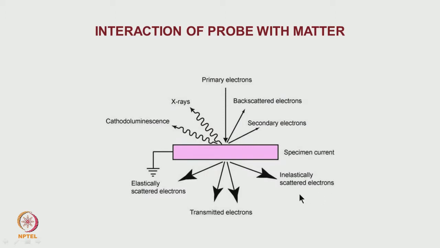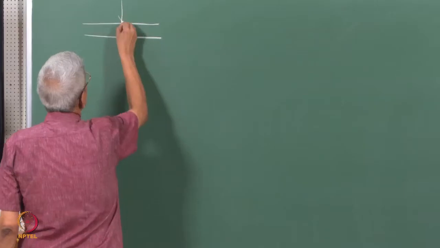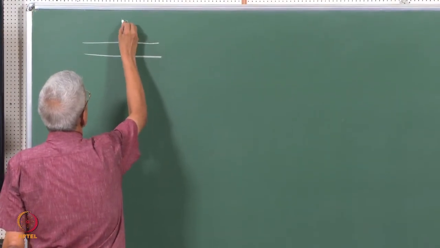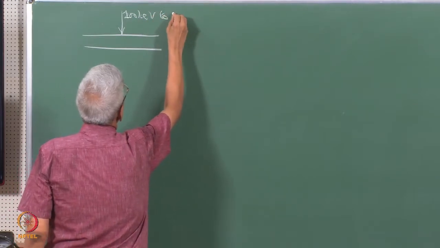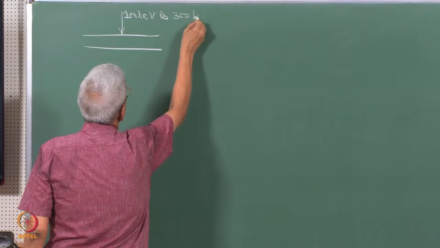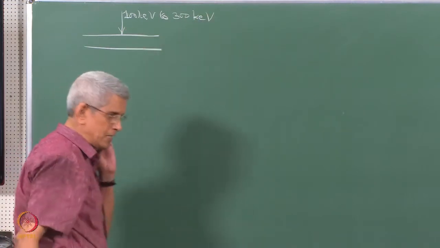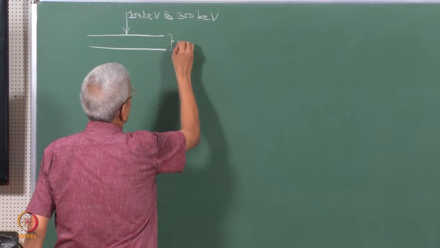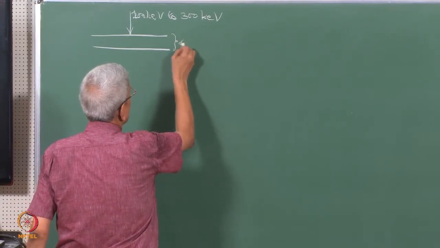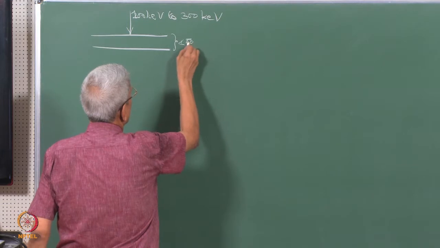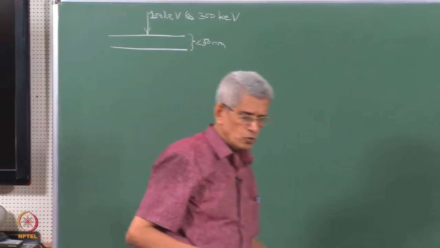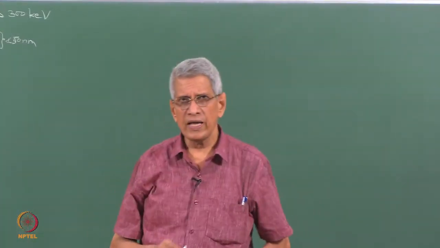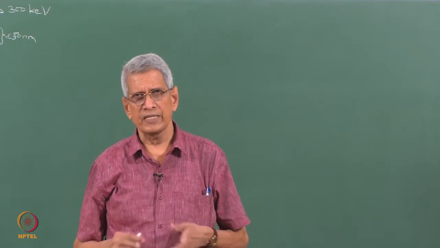What is essentially important, which one should understand, is that when we have a very thin foil on which high energy electrons, accelerated to maybe 100 keV to maybe 300 keV, are falling, and the thickness of the sample is of the order of maybe less than 50 nanometer, as the beam passes through the sample, most of the electrons come out without losing any energy.